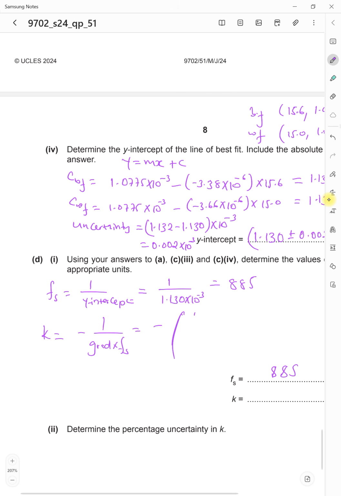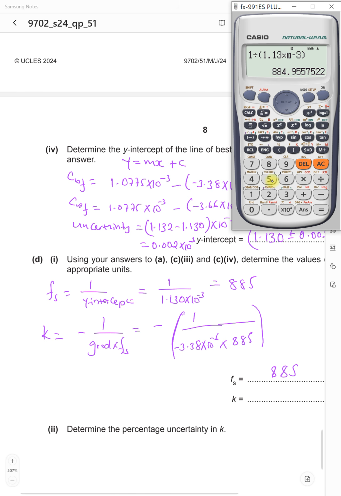So this is going to be negative 1 over the gradient. The gradient was negative 3.38 times 10 to the power of minus 6. Then times Fs, which is 885.